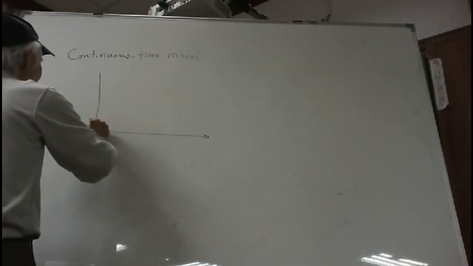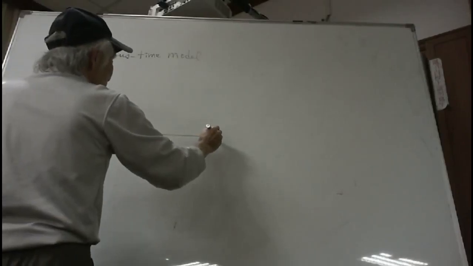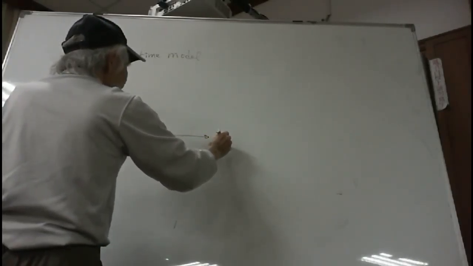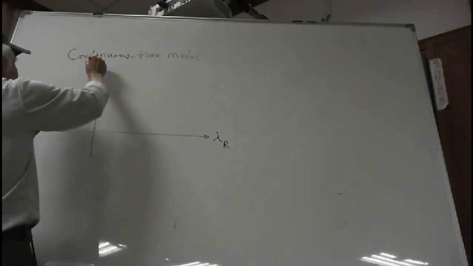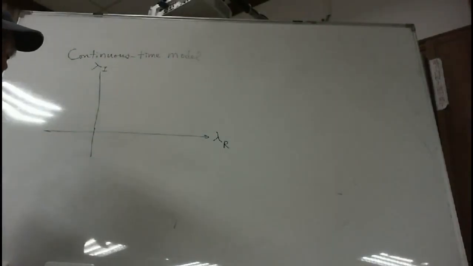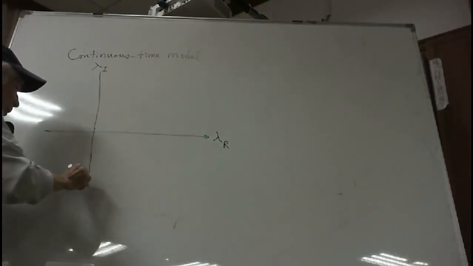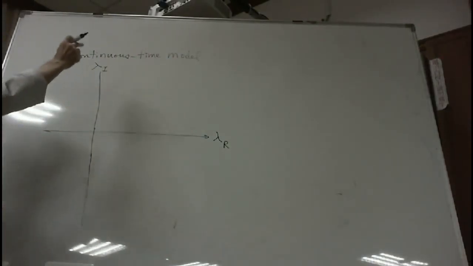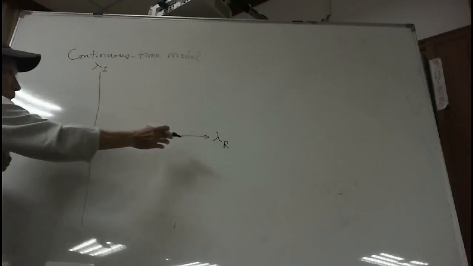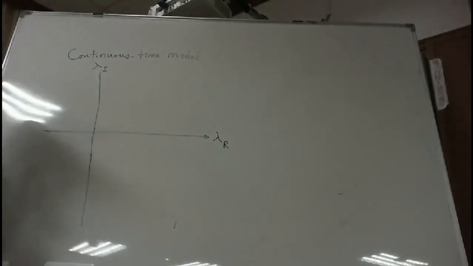This is my eigenvalue, this is the real part, and this is the imaginary part. For the continuous time model, if they want to be stable, the real part of the eigenvalue has to be what? Negative.